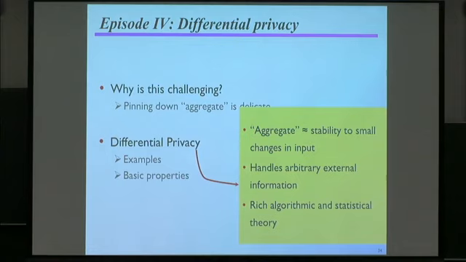I'll be more precise about what I mean by that in a few slides. And it's led to a rich algorithmic and statistical theory over the past decade, a lot of interesting research and also deployments, and I'll mention those.